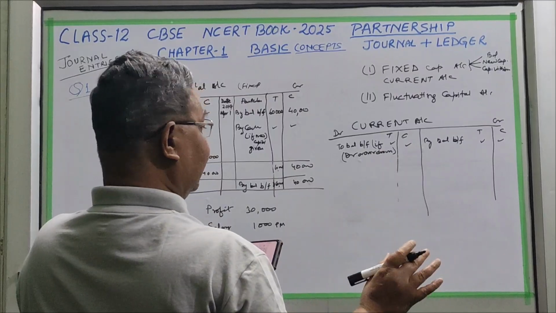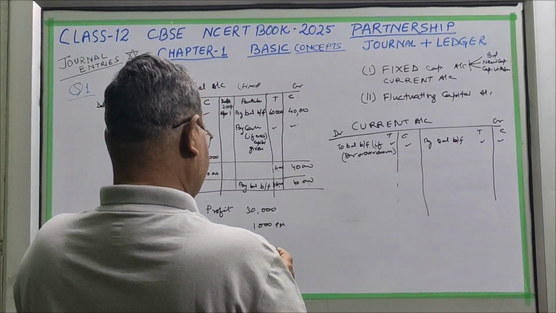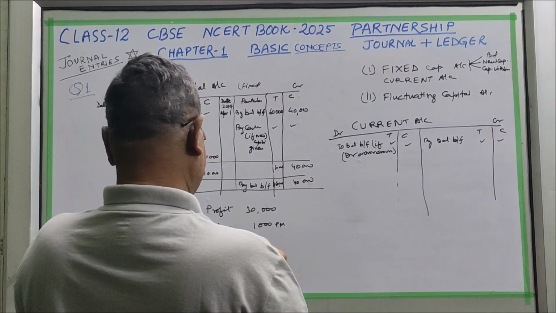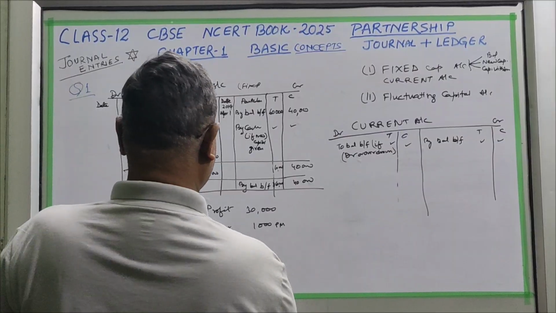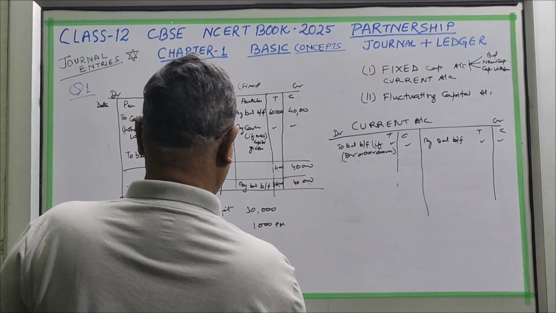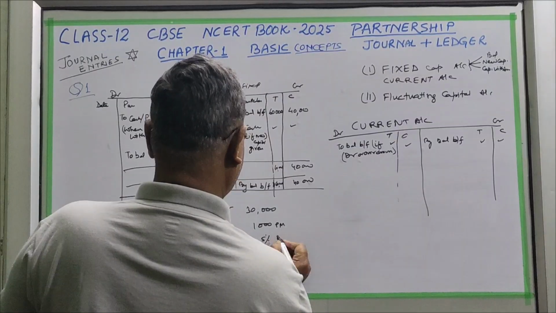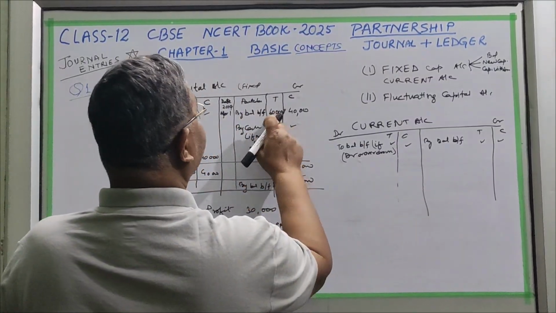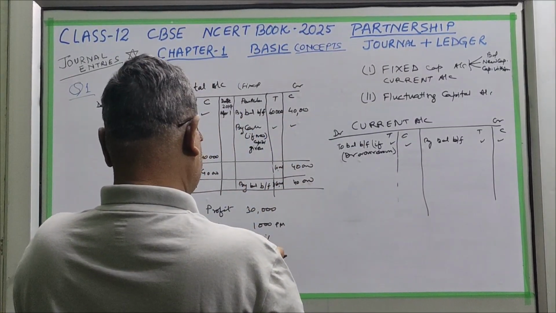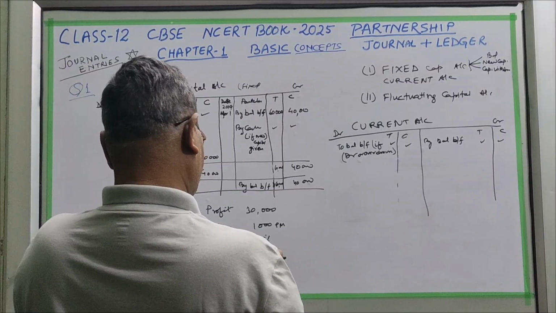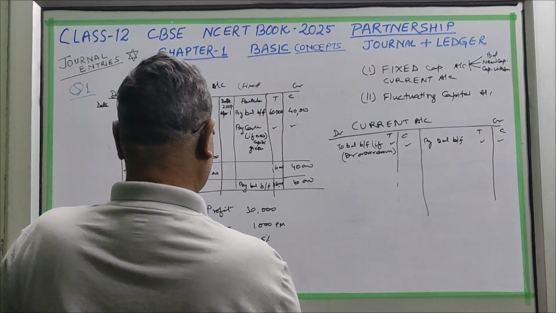If anything is in the deed, it will come here as salary. And 5% interest on capital. Their capital is 60,000 and 40,000, so on their capital they are also to be charged interest 5% on drawing.